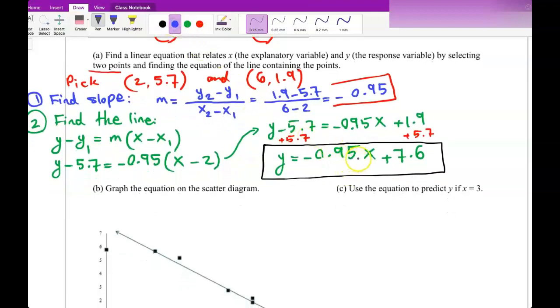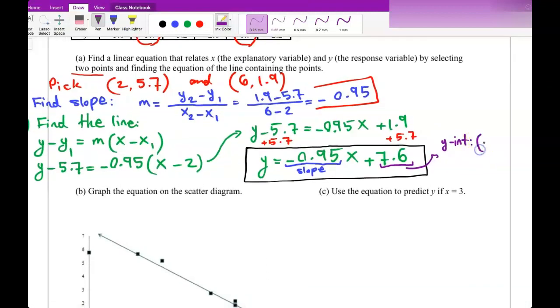This is our slope, and based on that, the y-intercept is 7.6.